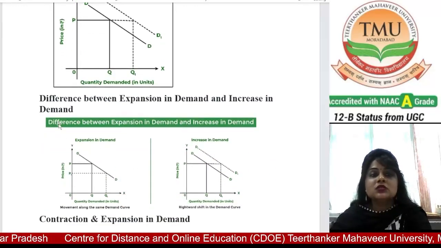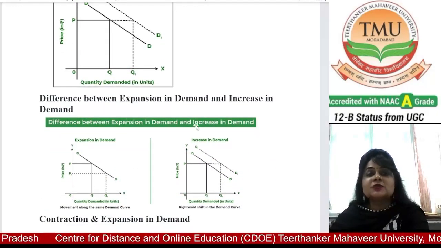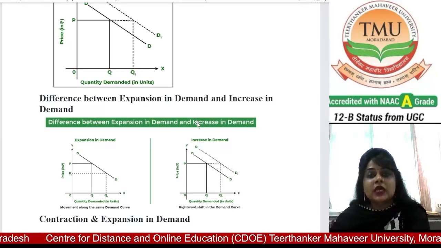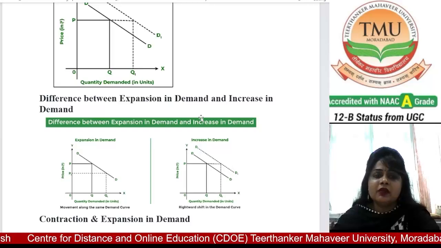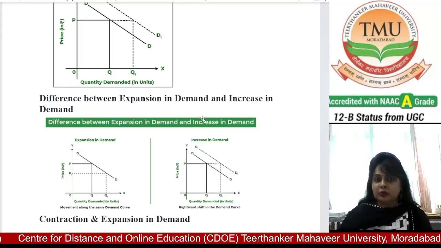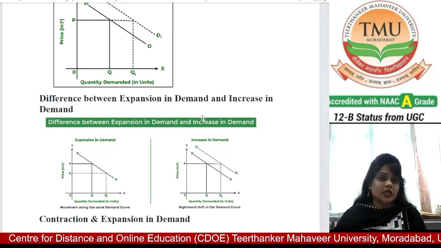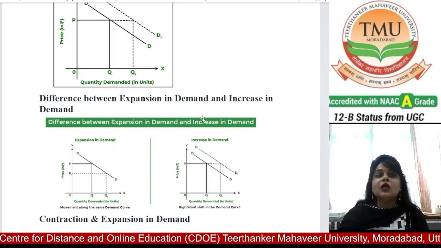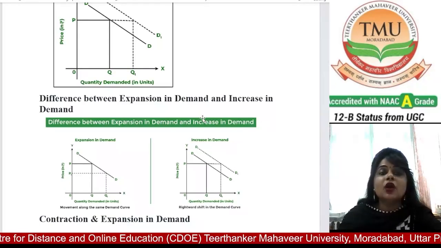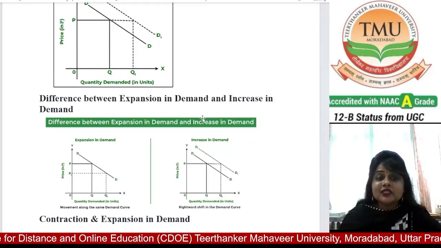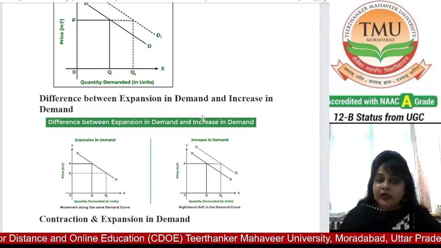Now we also see the difference between expansion in demand and increase in demand. I have also explained it, but now briefly I will make you understand. Expansion in demand means an increase in quantity demanded of a commodity because of a fall in its price, keeping other factors constant.